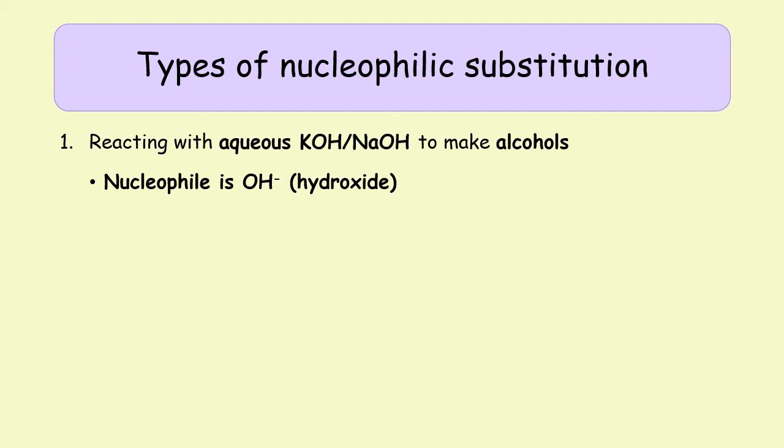There's a few different types of this. The first one is doing the reaction with potassium or sodium hydroxide dissolved in water. So remember, elimination reaction is with potassium or sodium hydroxide in ethanol. To do a nucleophilic substitution reaction, it is sodium or potassium hydroxide dissolved in water. And what this does is it will turn your haloalkane into an alcohol.